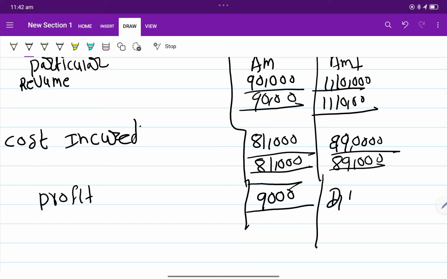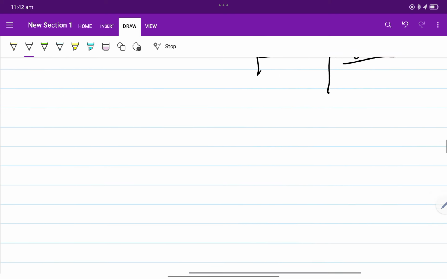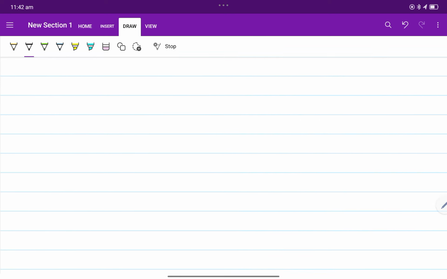So 21,000 is the profit for the second year. So we have completed the first part of this question. Now we are going to discuss the second part, customer account.